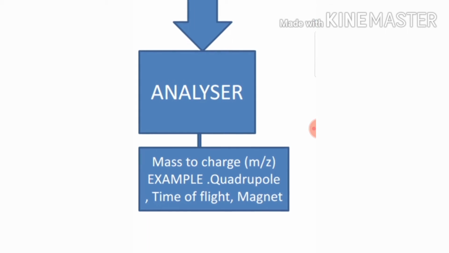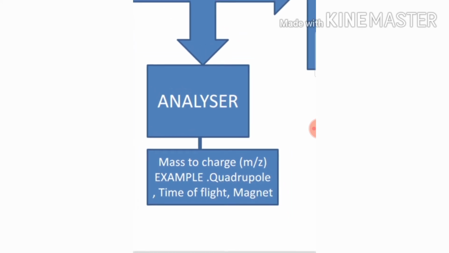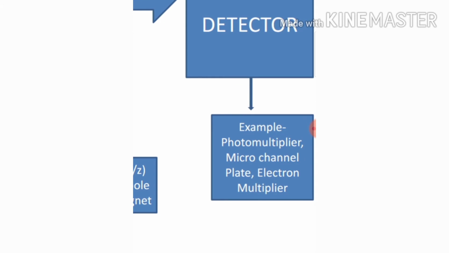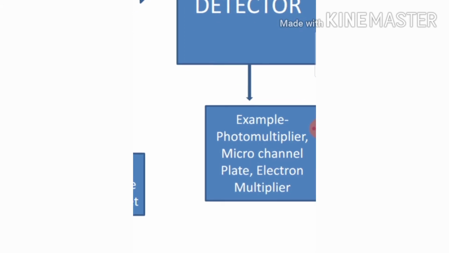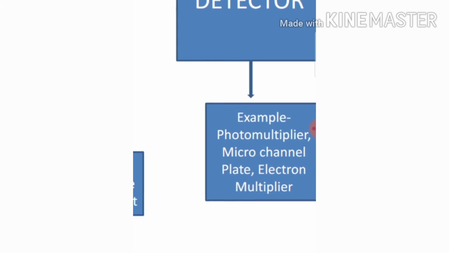So that analyzer unit detects the deflection of ionic charged molecules on the basis of mass by charge ratio. Then after deflection, there is a detector attached with a photomultiplier or microchannel plates or electron multiplier.